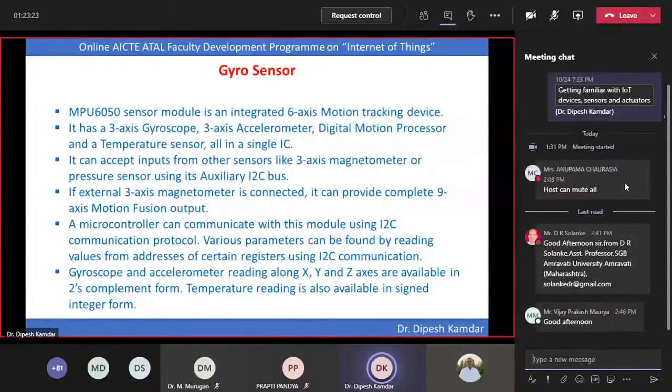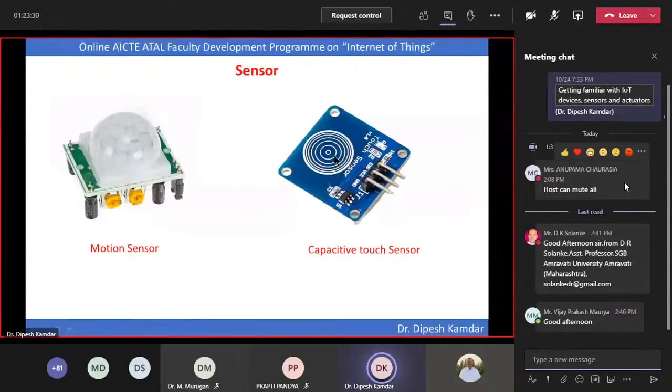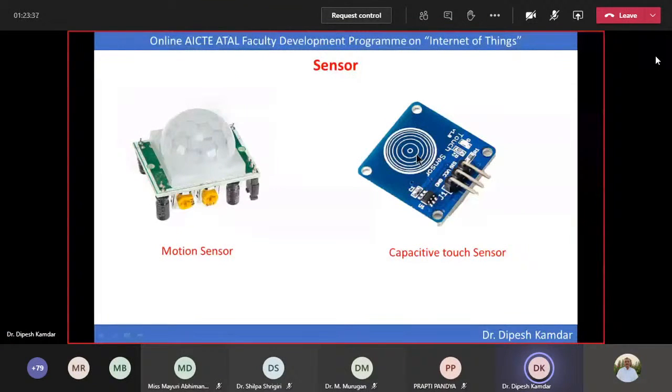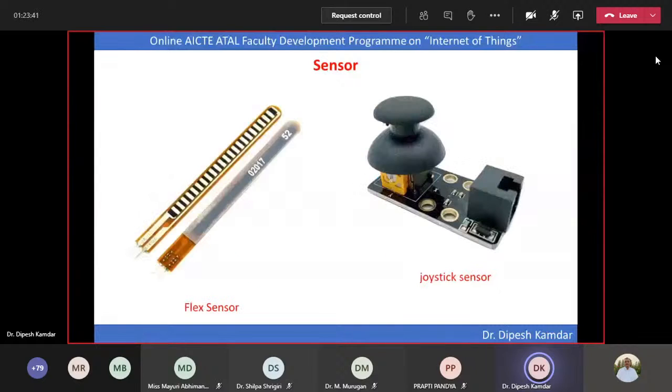There are other sensors like motion sensors and capacitive touch sensors. When you touch it, it will just change its capacitance. Motion sensors find out whether some live element is present in front of it or not. Then the flex sensor, joystick sensor, RS-232 camera sensor, fingerprint sensors, and GPS navigator sensor.